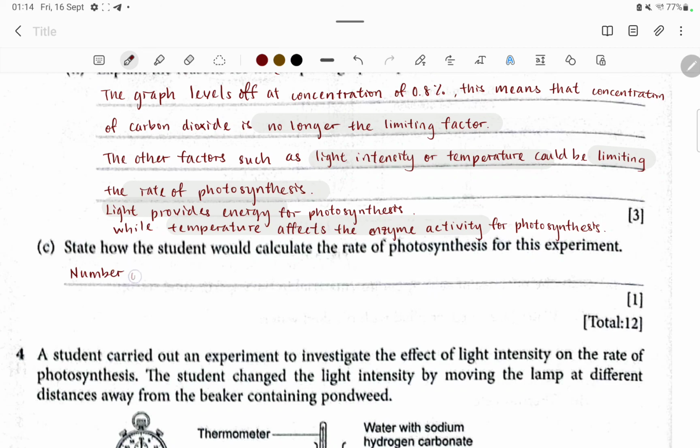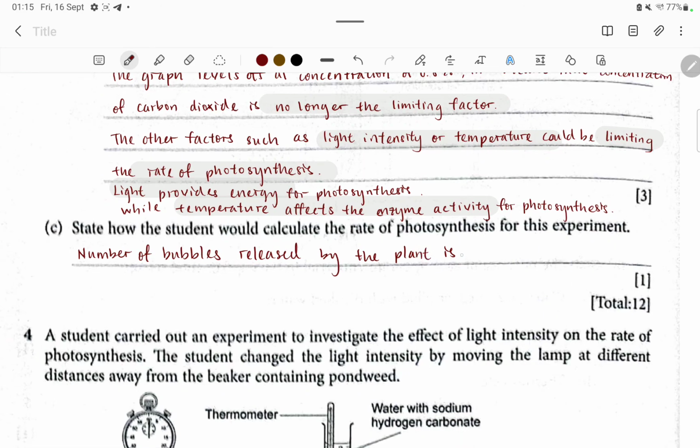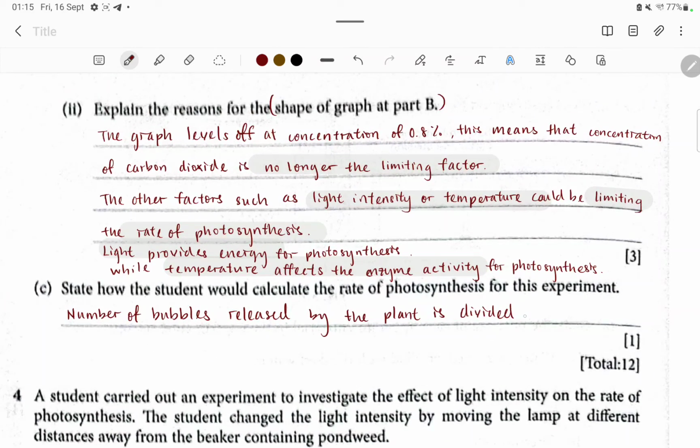Number of bubbles released by the plants is divided by 60 seconds. Just like that lah. So this one, divided is the keyword lah.